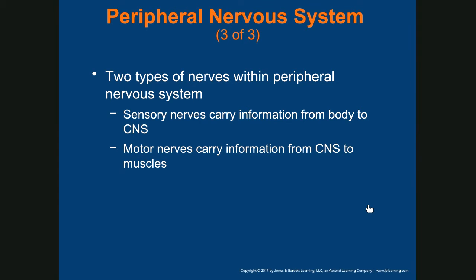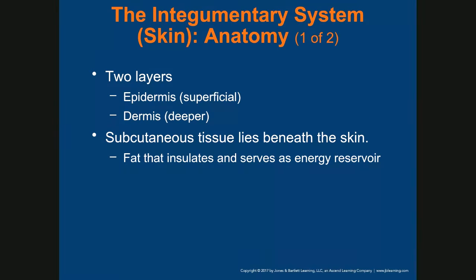That's your motor nerves. And that is what you need to know for now for the peripheral nervous system. There will be more as we go deeper into the course, especially when we look at neurologic emergencies. All right, next system is the skin.